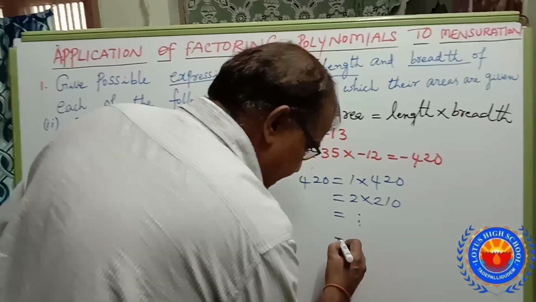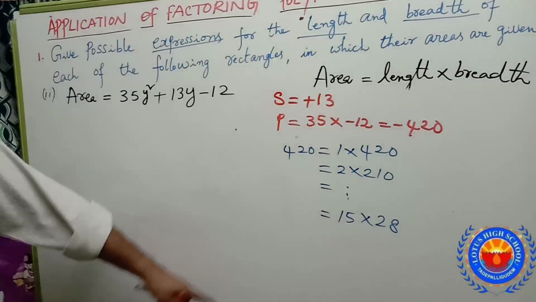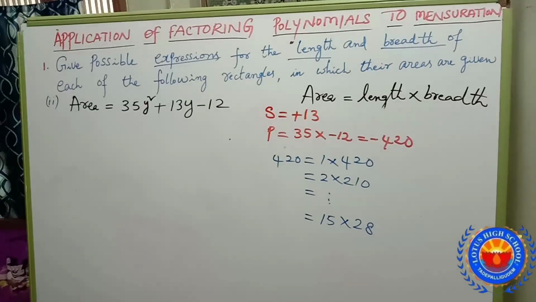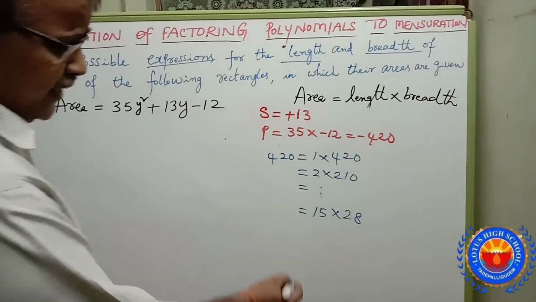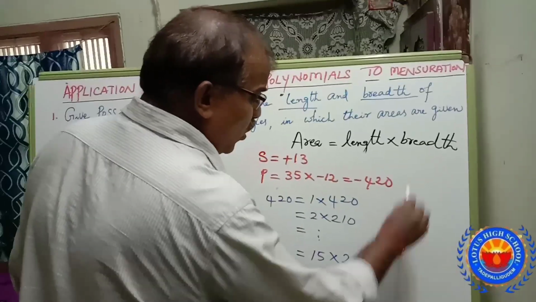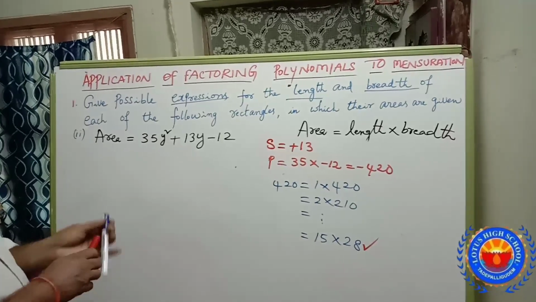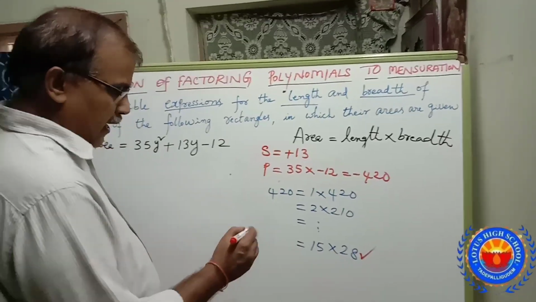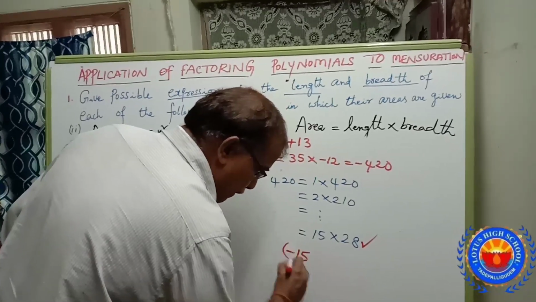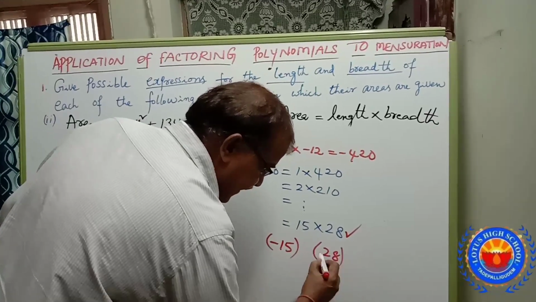And next 15 into 28. 28 into 15 is nothing but 420. Now, like that you check. Definitely, 15 into 28 is suitable. Now, you have to check the numbers, and I'll take minus 15 and plus 28.